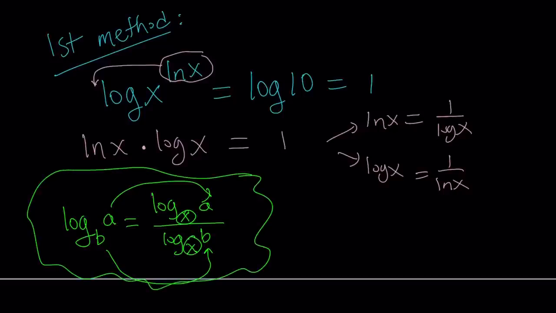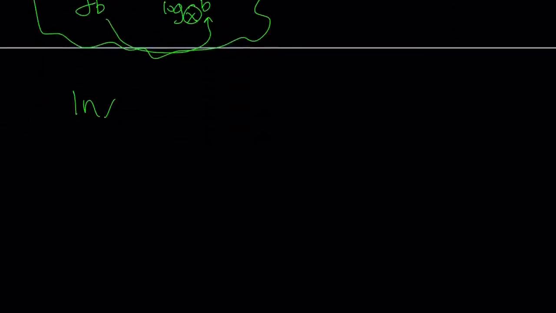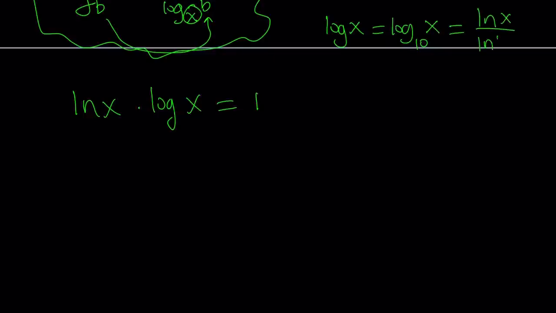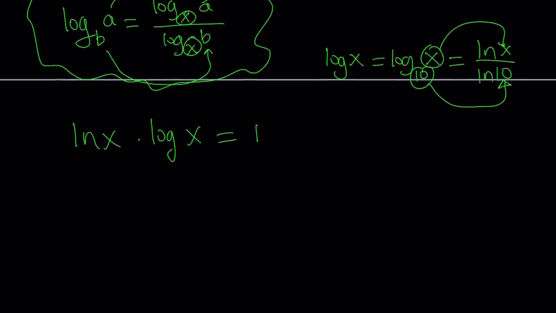So let's go ahead and see how it can be applied to our situation. And it's kind of nice because since I want to use ln, log x basically is log x with base 10. So now this turns into ln x over ln 10. Notice that x goes here and 10 goes here. Make sense? Okay. So now we can do the following.